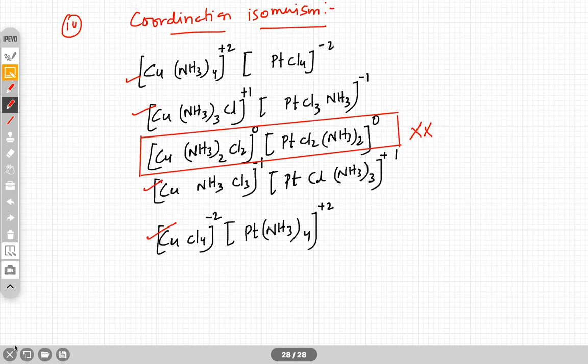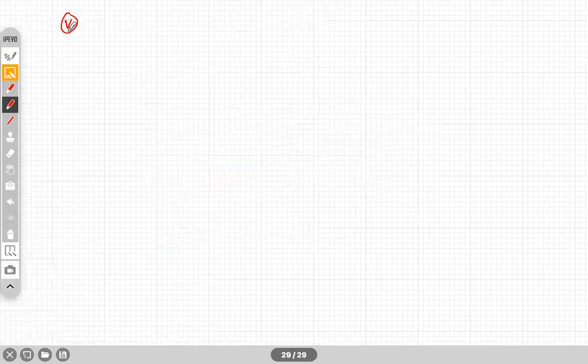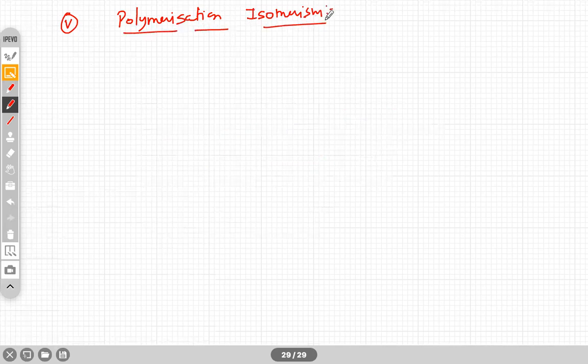Yes, sir. So one last type here, we'll finish it. Write down the next one. That is polymerization isomerism. Write down.